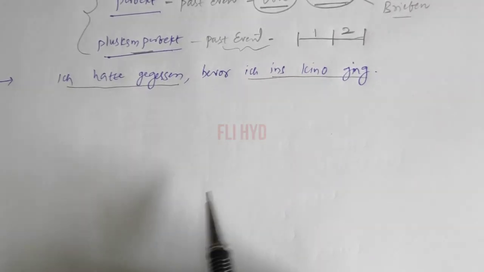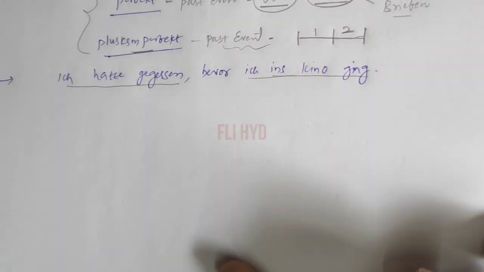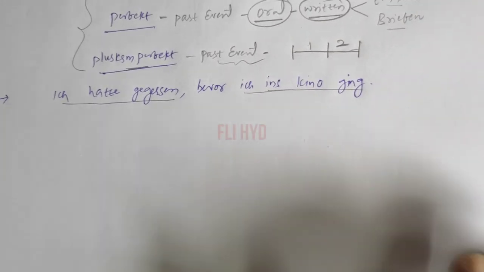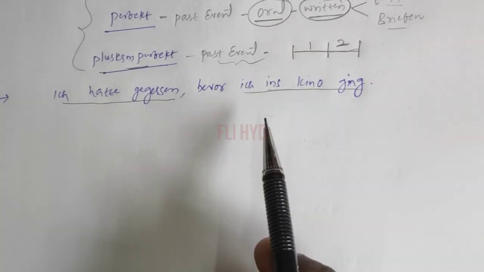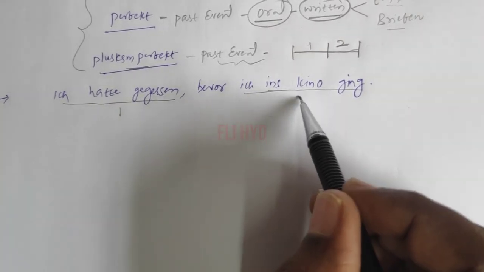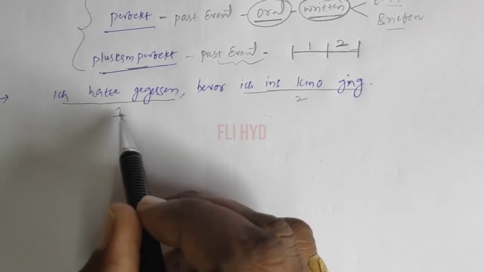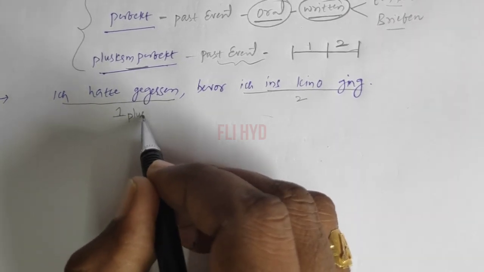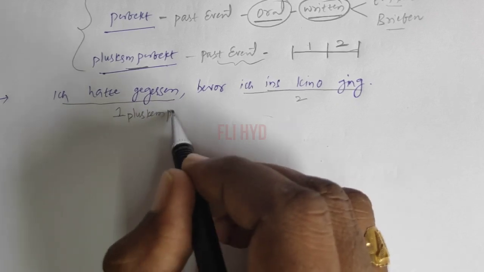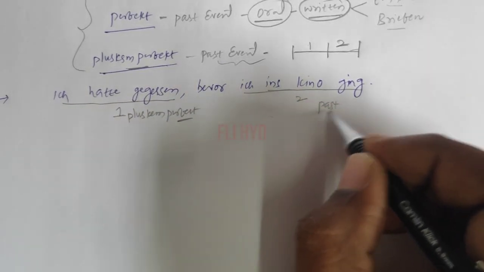So remember, whenever there are two actions in the past, one after another, in these two actions, what happened first? I had eaten first, then I went to the cinema. So whichever action happened first, we write it in Plusquamperfekt, and the second action we write in the past tense, like Präteritum.